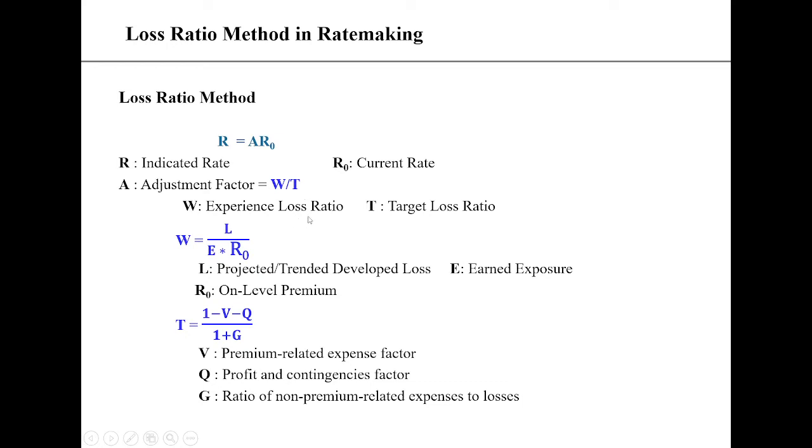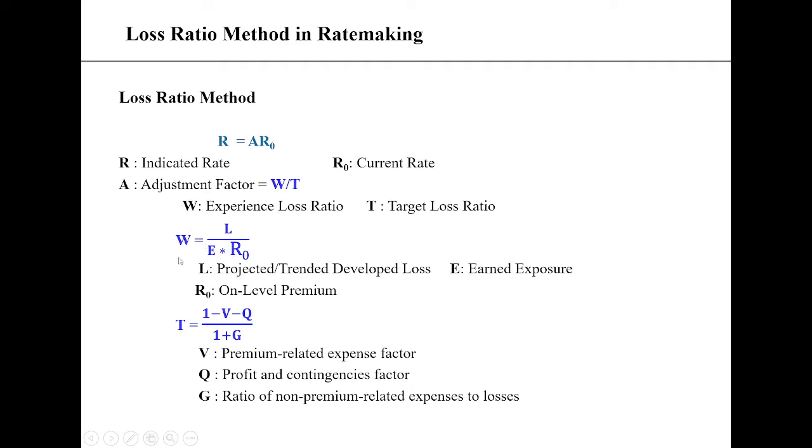The experience loss ratio: we usually get the top one, which is the projected, trended, developed loss. Projected and developed is like a repeated expression, but you can think of it as an ultimate. Over E, which is earned exposure times on-level premium, right here. Not the same as this one. That is the experience loss ratio.